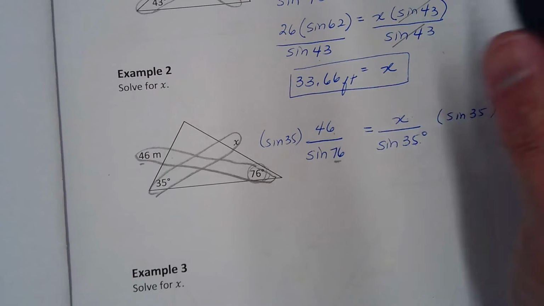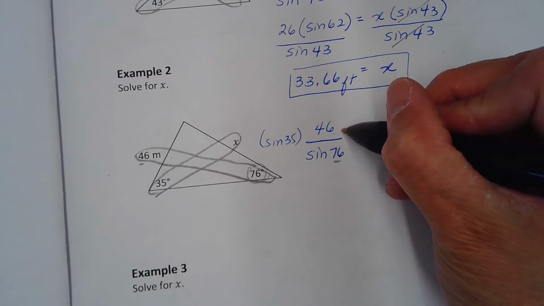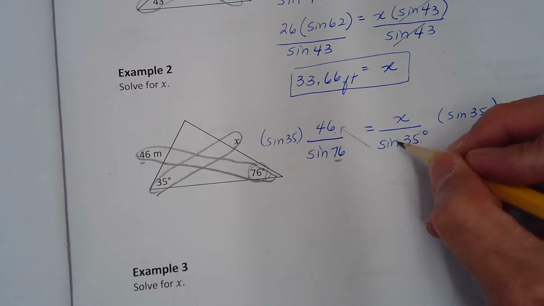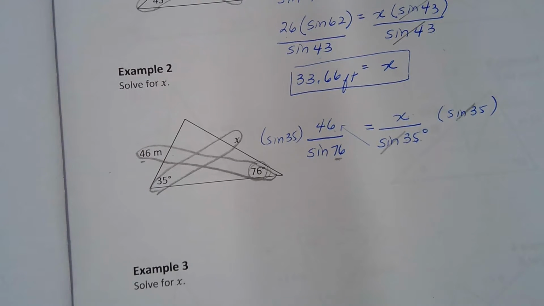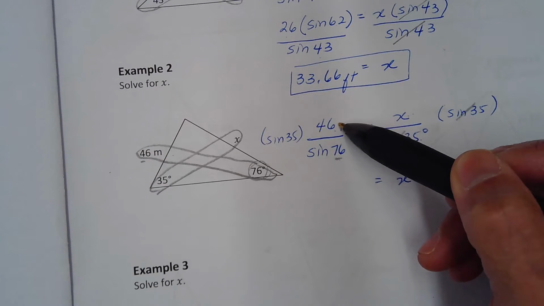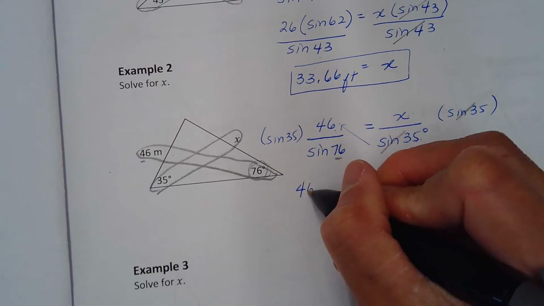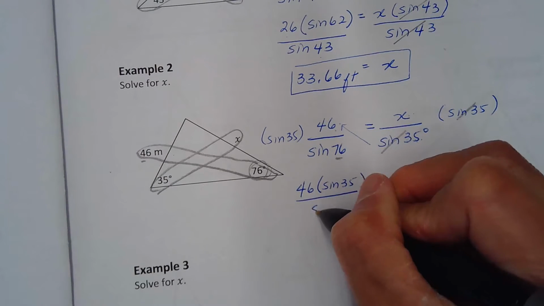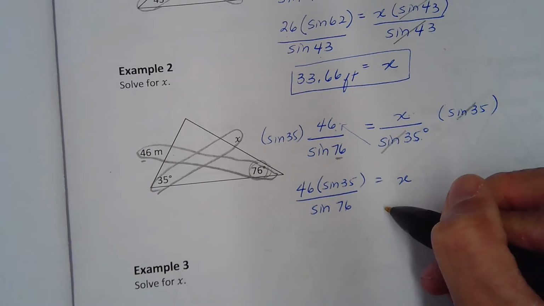Or you can think of it as this gets multiplied there. So your x is equal to 46 times sine of 35 divided by sine of 76.